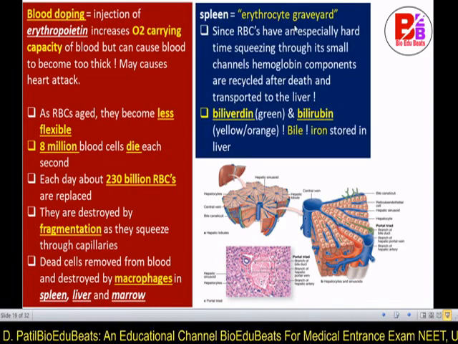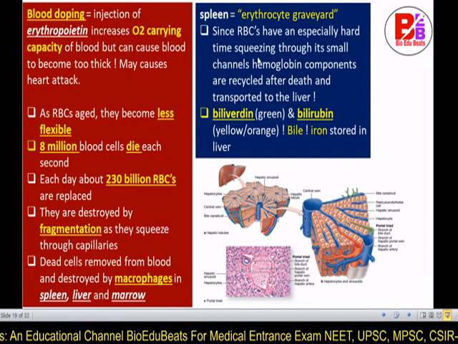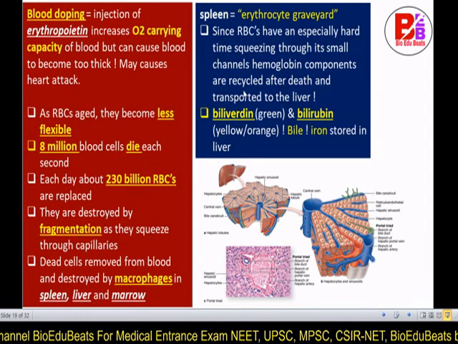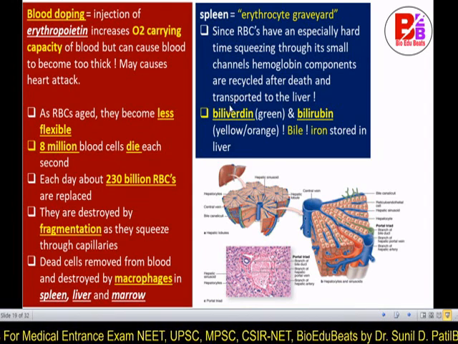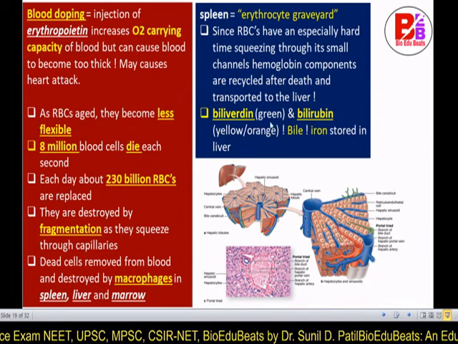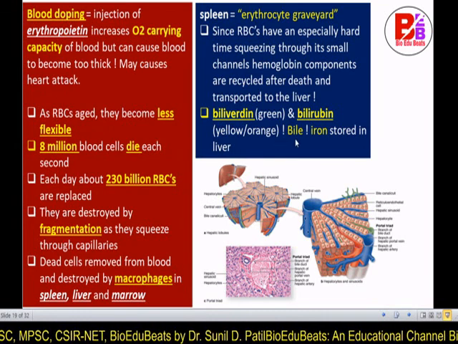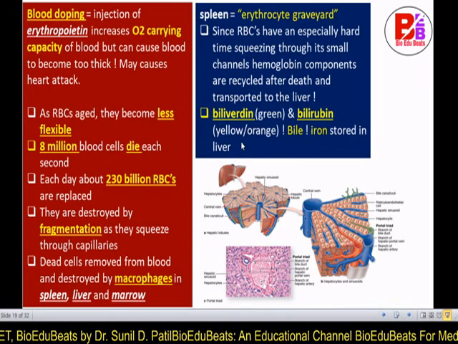Since RBCs have an especially hard time squeezing through its small channels, hemoglobin components are recycled after death and transported to the liver. Biliverdin, which is green, bilirubin, which is yellow to orange, and bile; and iron is stored in the liver and reused.